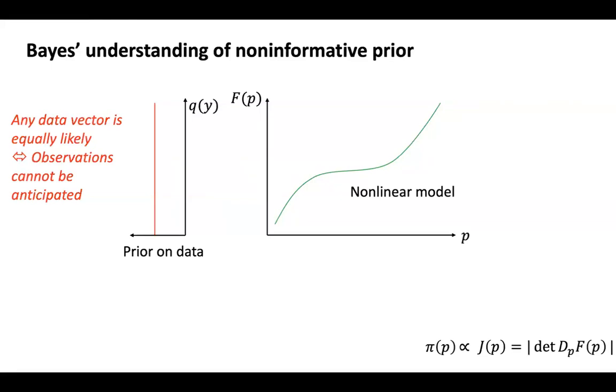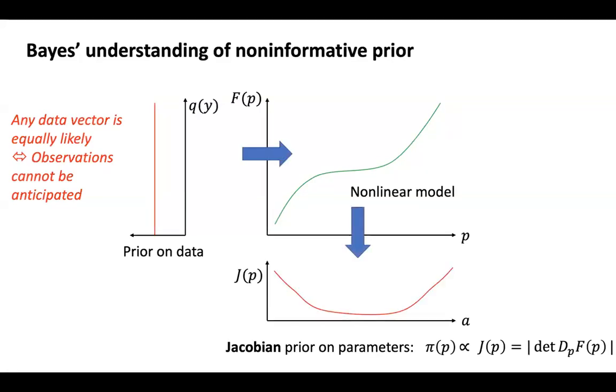What Bayes discussed when he talked about the non-informative prior, way back at the start of this approach, is that going into a situation, it's the data that is all equally likely, again within some constrained range. So when we take that backwards through the nonlinear model, it's the Jacobian prior that we should use on the parameter state.